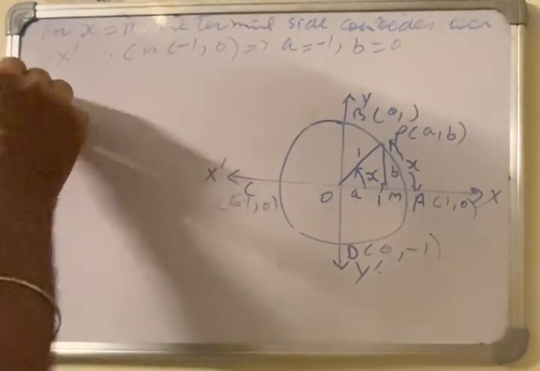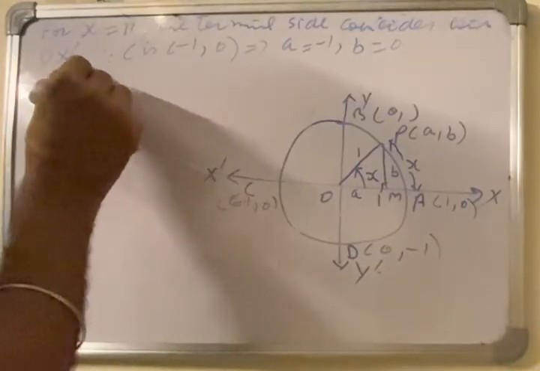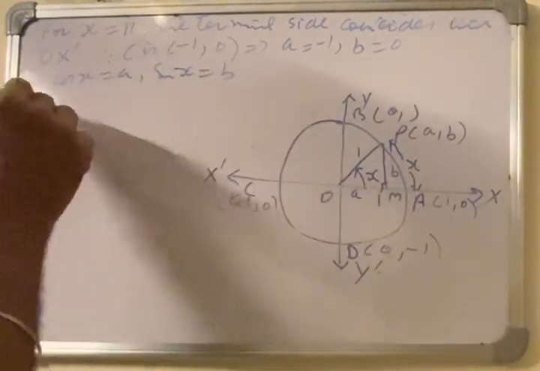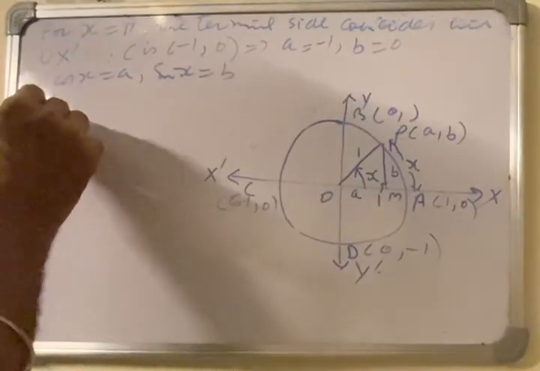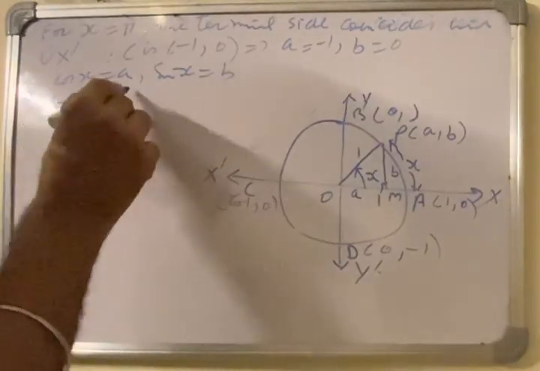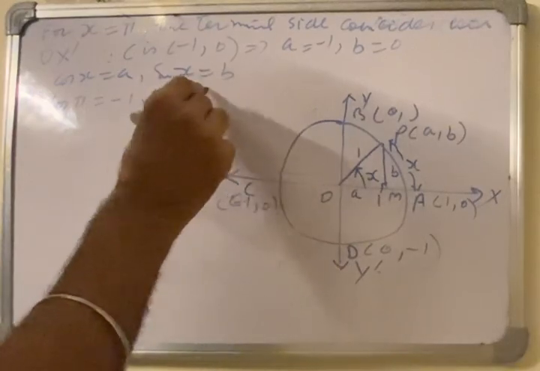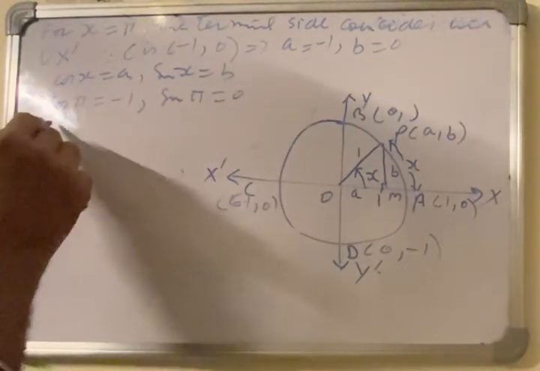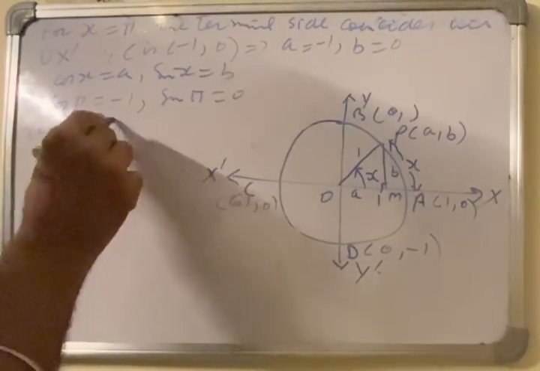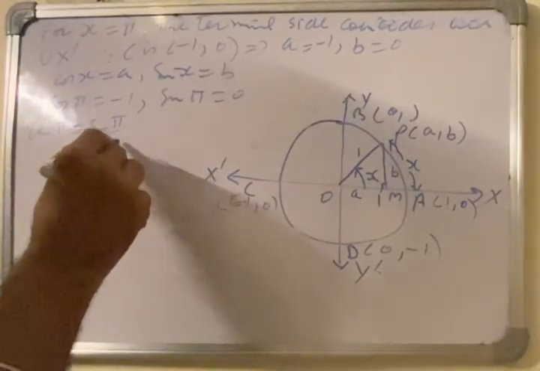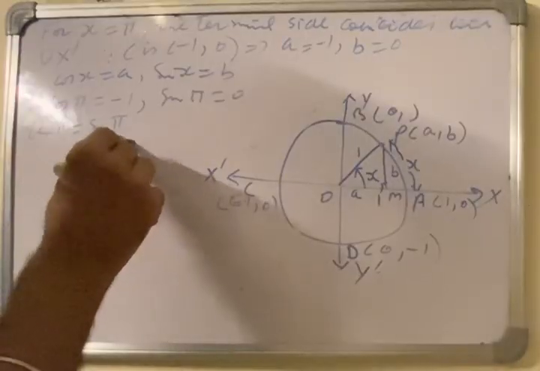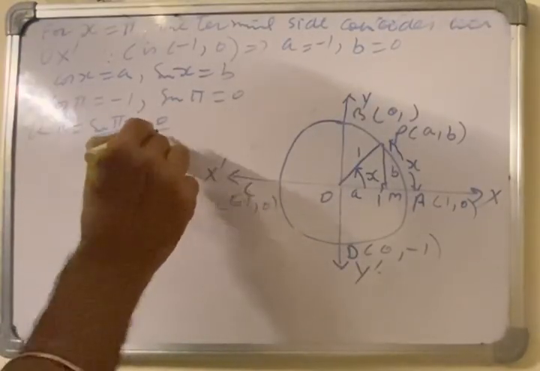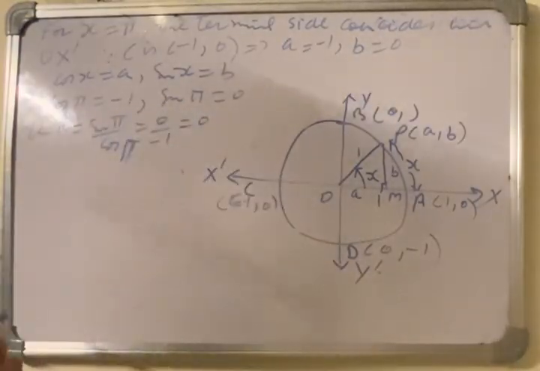Now since cos x is a, sin x is b, so we put their values. Cos pi is -1, sin pi is 0. Tan pi is sin pi over cos pi, which is 0 over -1, is 0.